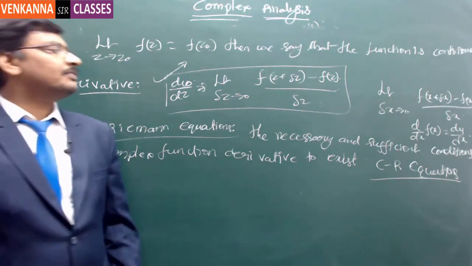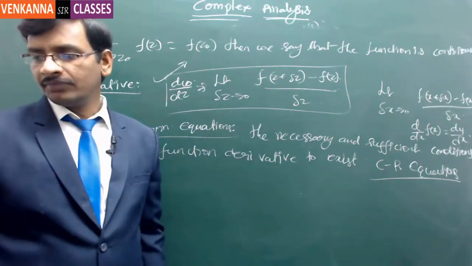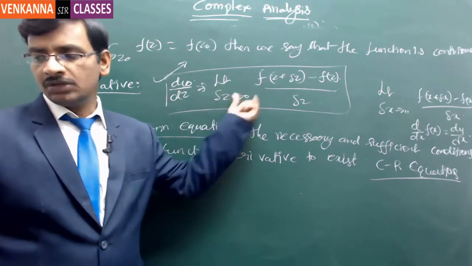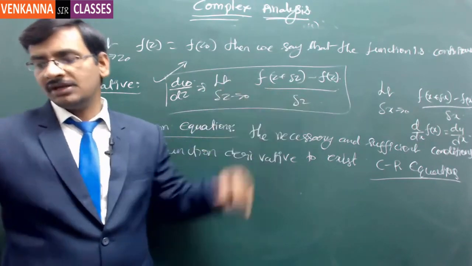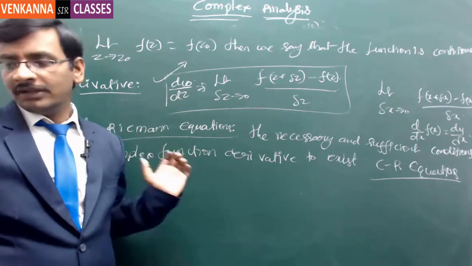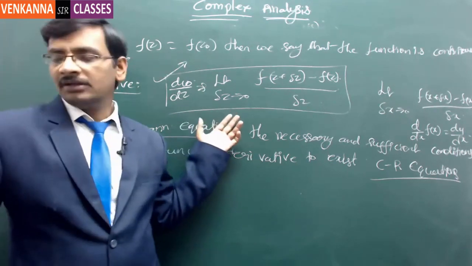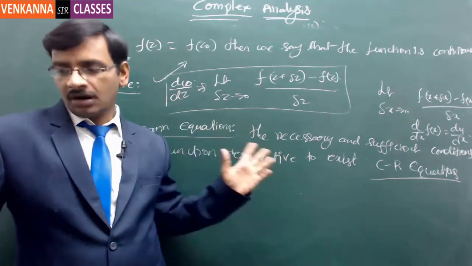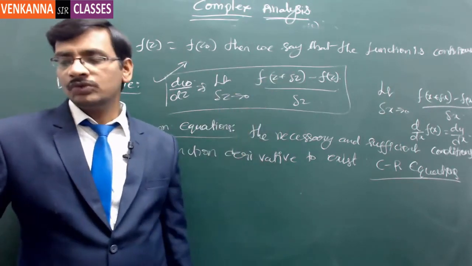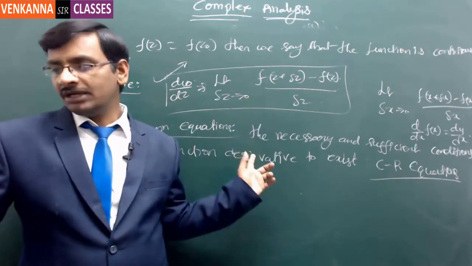Now here, the way we have defined, for this particular function, we have to identify the derivative value, which essentially means limit delta z tends to 0, f of z plus delta z minus f of z divided by delta z. Now, for the existence of the limit, you will be verifying the left limit and right limit. Exactly in a similar manner, here you will be verifying the horizontal limit, vertical limit, and slanting limit. Three different limits that we usually identify, because it is very tough to check all the infinite different directions.